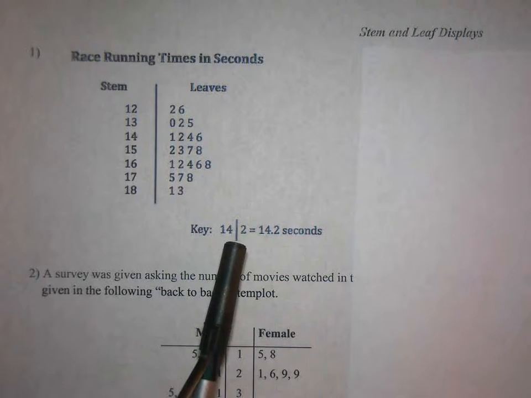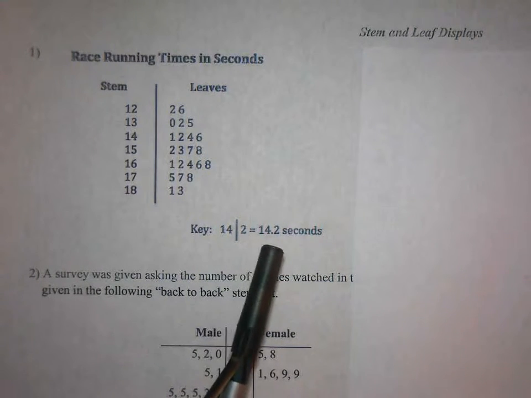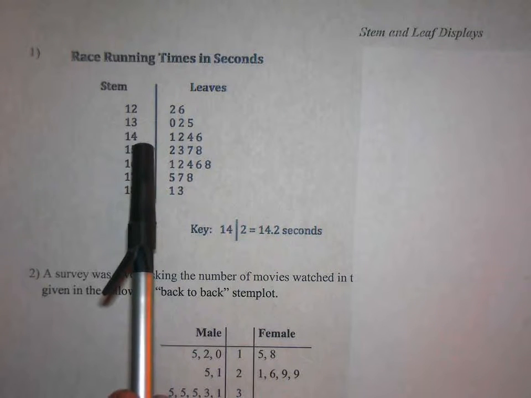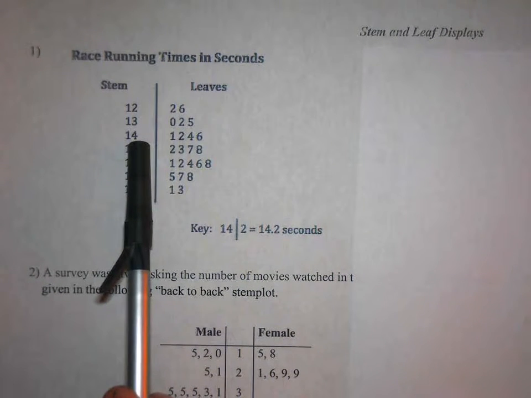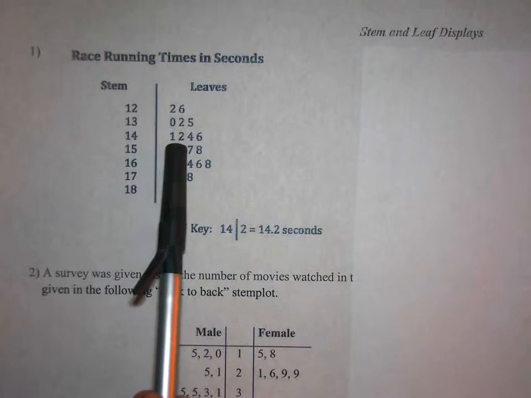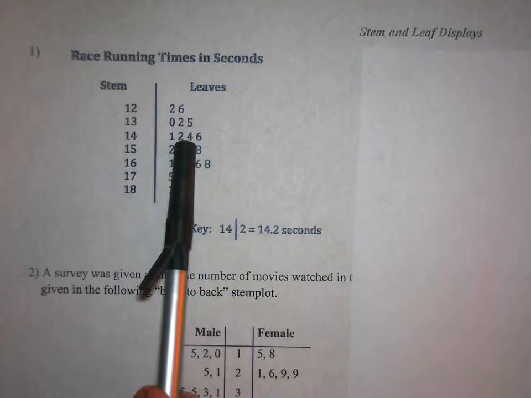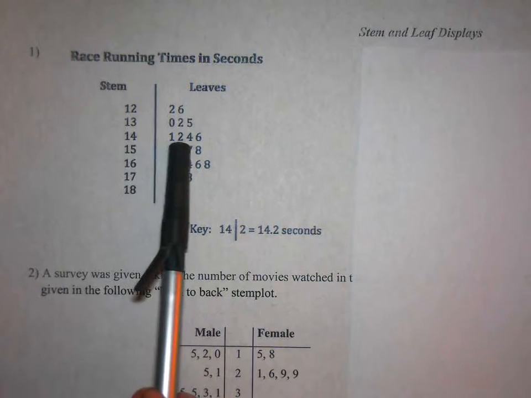So 14|2 means 14.2 seconds. In the stem column where you see 14, that's 14 seconds, and then the 2 is telling you 0.2. So that's 14.2 seconds.